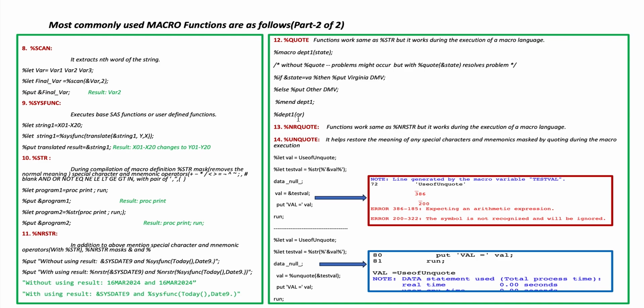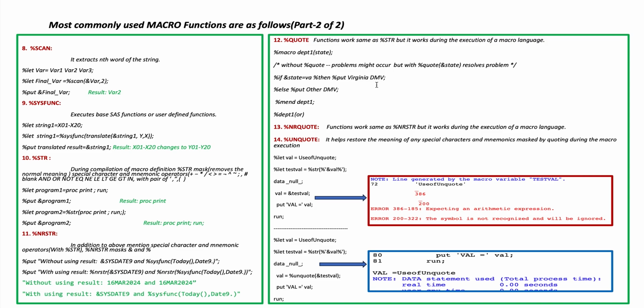Suppose we are going to give the name of the state, Oregon, OR. In this case, when we use OR, actually it is the Oregon state. But in this example, it will assume OR is a logical operator. That's why it will result in an error.